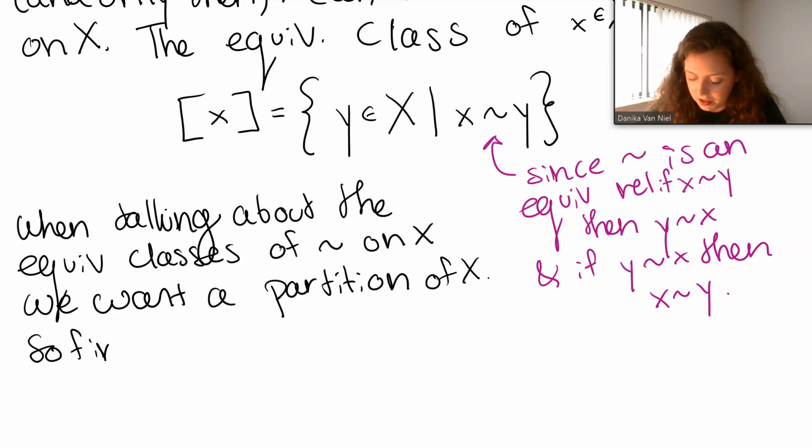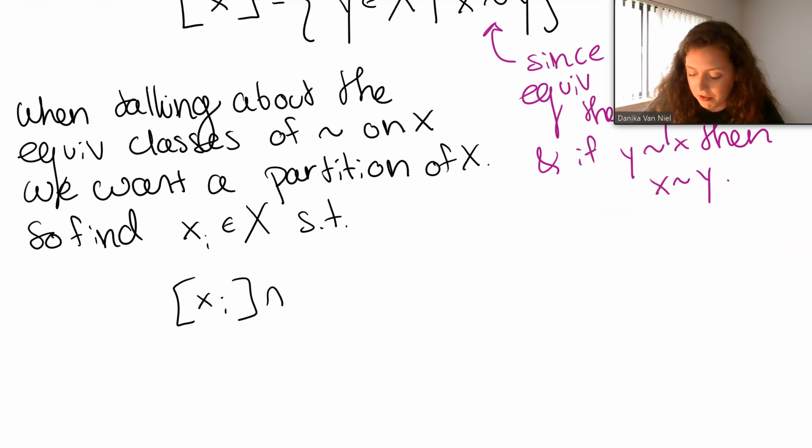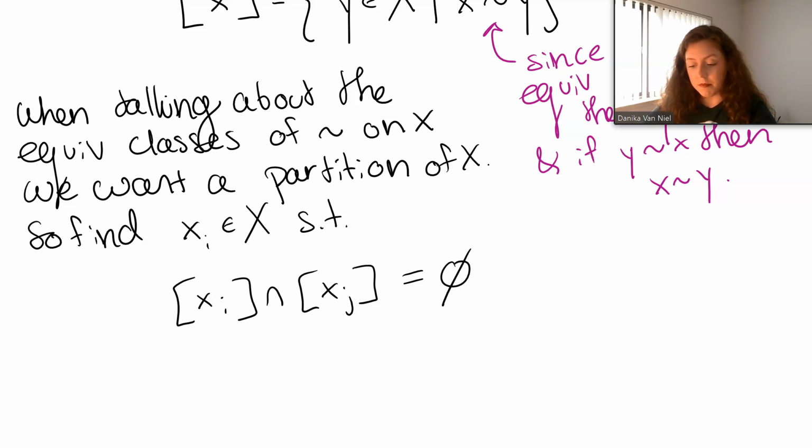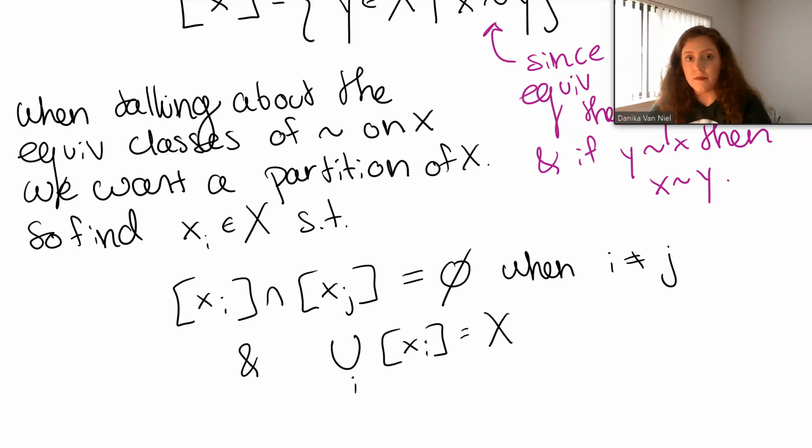So find some elements xi in our set X, exactly what we were talking about before, such that the class of xi intersected with the class of xj equals the empty set when i does not equal j, and the union over all the i's of the classes of xi equals our set X. We're not looking at every single element in X. Maybe the whole set X is an equivalence class, so all you need is one element from it.